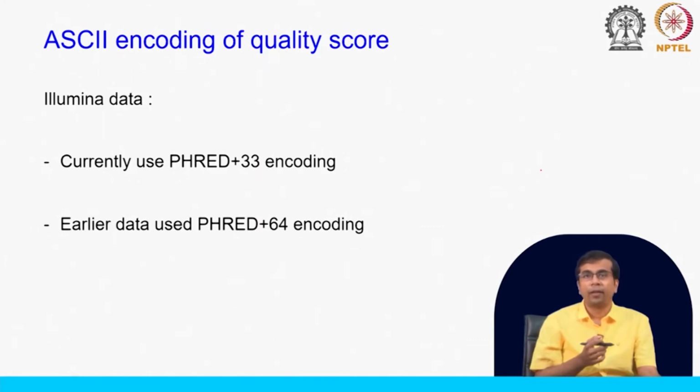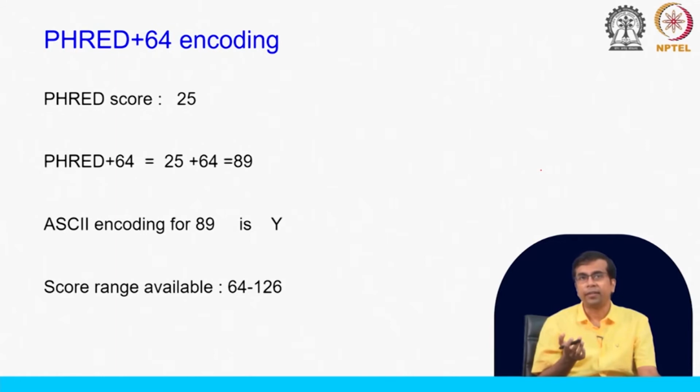Okay. Earlier Illumina used Phred plus 64 encoding. So, in that case the range was different, right. So, if you take the same example of a Phred score of 25 in Phred plus 64 encoding, you will get 25 plus 64, which will come out to 89, right, and then the ASCII encoding for 89 would be capital Y, okay, and the score range that was available in Phred plus 64 was 64 to 126, right.